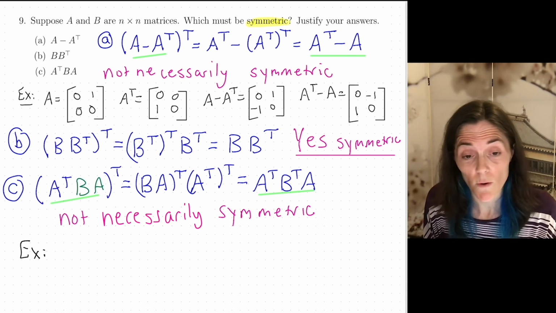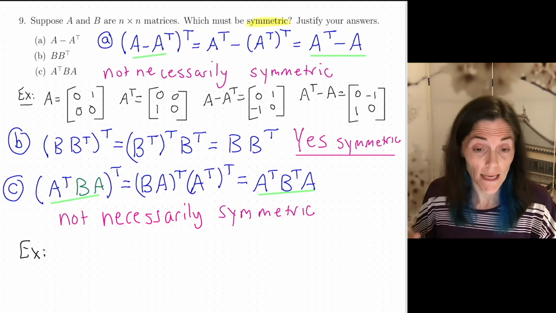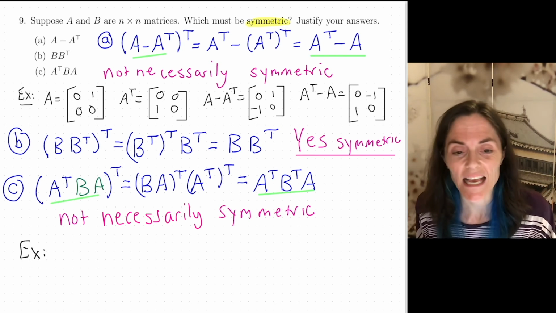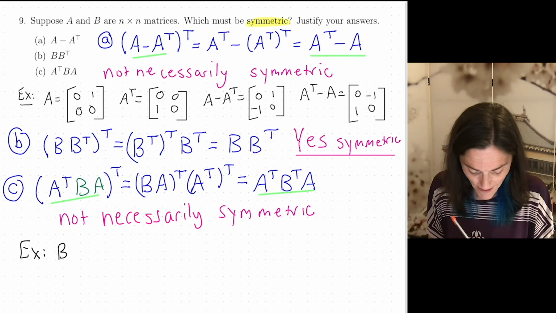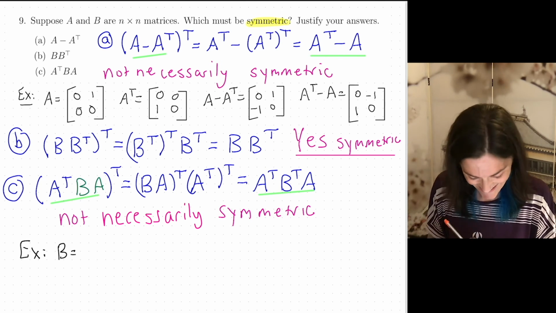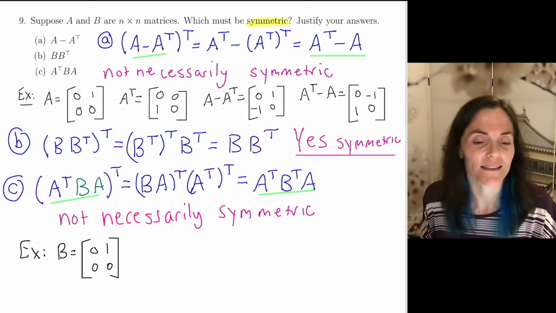In the middle is where we see the difference. We see A transpose, and on the left, we see A on the right. So I need B to be something not symmetric. Let's take my favorite non-symmetric matrix, n by n, which is, okay, I used it above. So B is going to be this matrix.